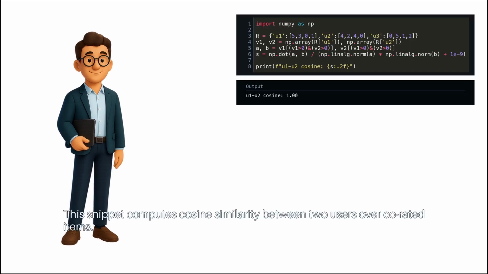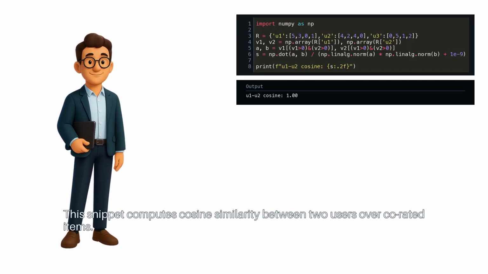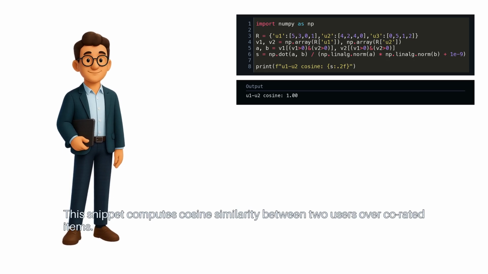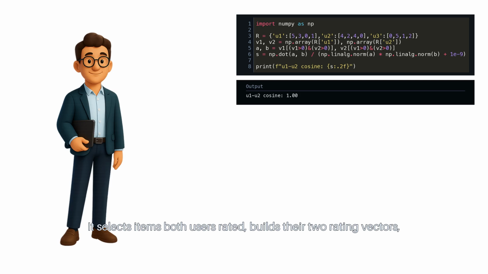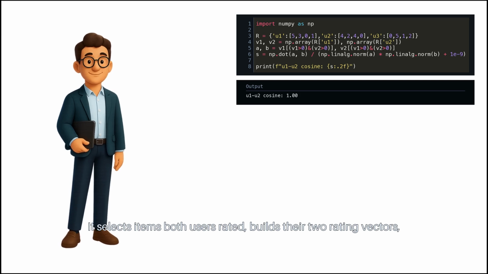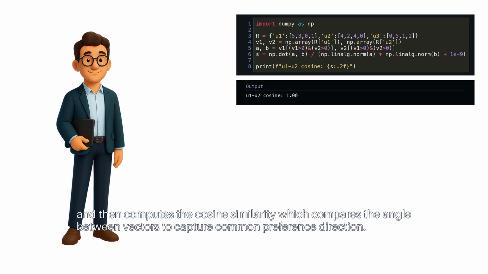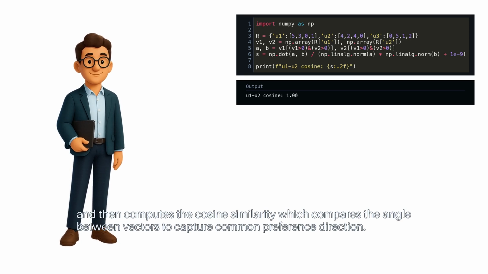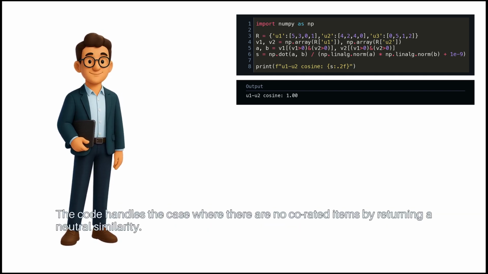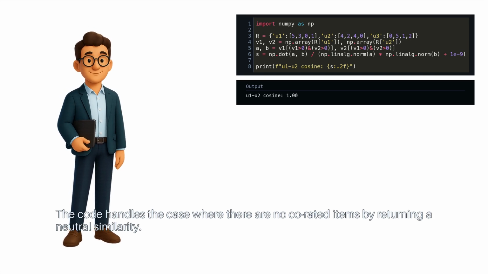This snippet computes cosine similarity between two users over co-rated items. It selects items both users rated, builds their two rating vectors, and then computes the cosine similarity, which compares the angle between vectors to capture common preference direction. The code handles the case where there are no co-rated items by returning a neutral similarity.